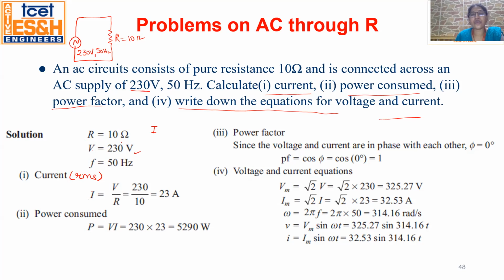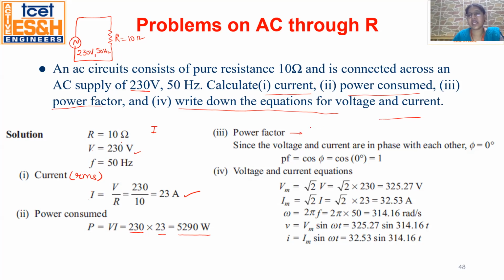I is equal to V by R. So 230 divided by resistance 10 is equal to 23 ampere. Now power consumed. Power consumed is Vrms multiplied by Irms, equal to 230 multiplied by 23. So the total power consumption is 5290 watt.